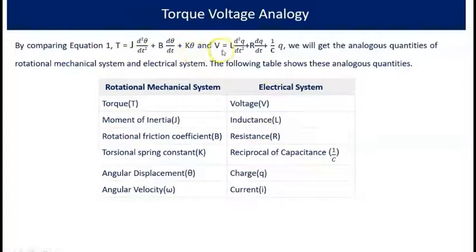Torque T, analogous value is voltage V; moment of inertia J, inductance L; rotational friction coefficient B, resistance R; torsional spring constant K, reciprocal of capacitance 1 by C; angular displacement theta, charge Q; angular velocity omega, current I.